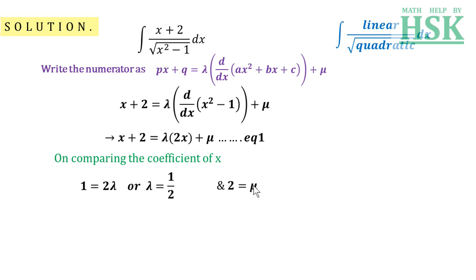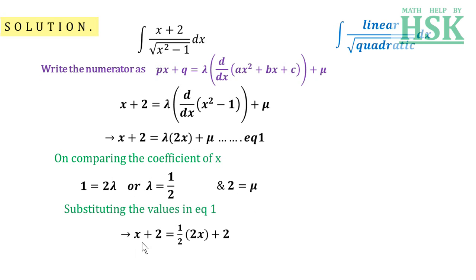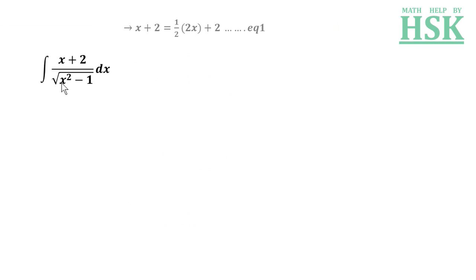I'm going to substitute this value in equation number 1 to get x plus 2 as 1 by 2 times 2x plus 2. This value is going to go to the numerator, that is, it is going to replace x plus 2, right? So I'm going to get the integral like this.